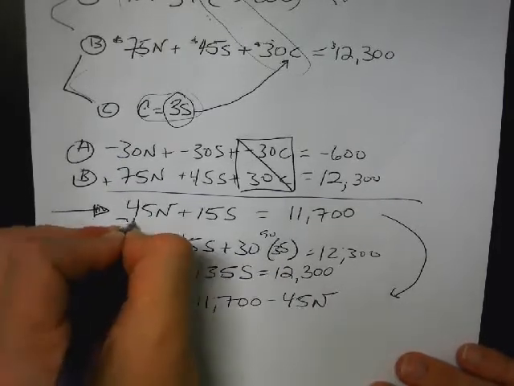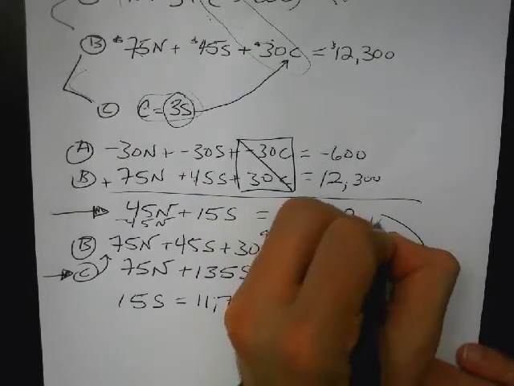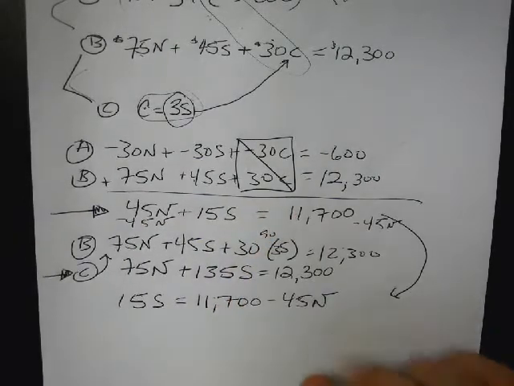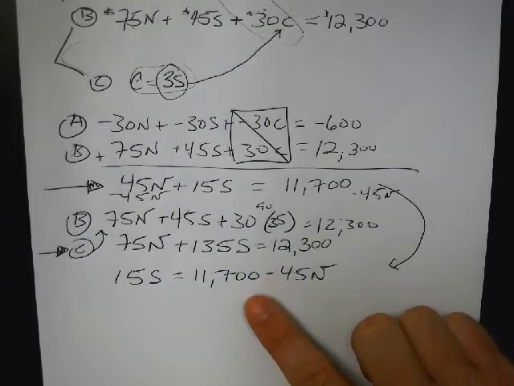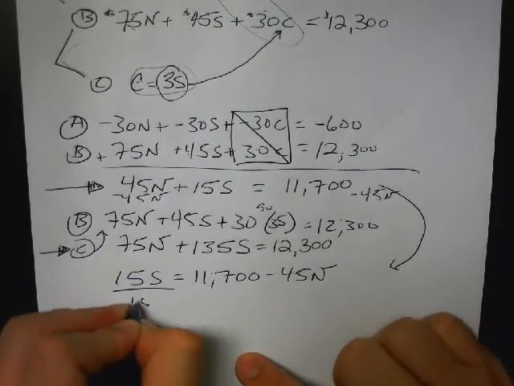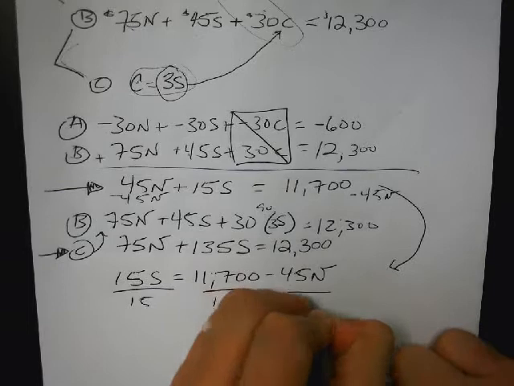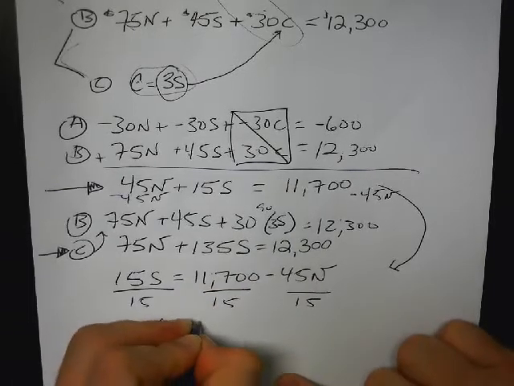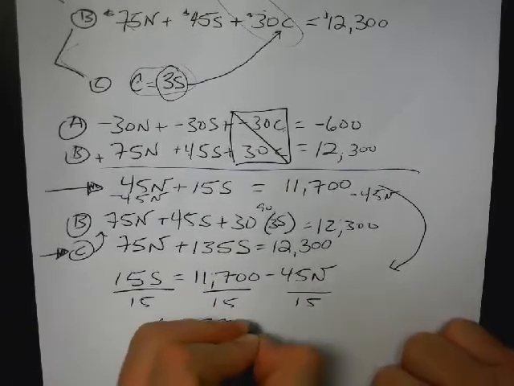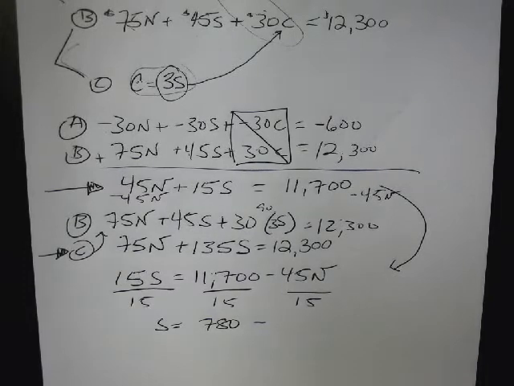So I'm going to subtract 45N from both sides, and that gets me to this number. Divide by 15, and I've got S equals 780 minus 3N.